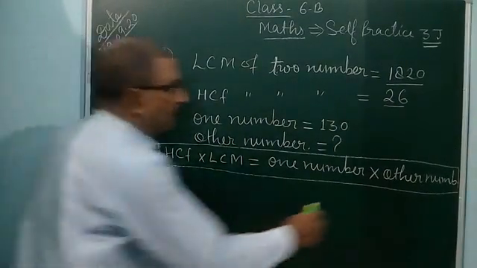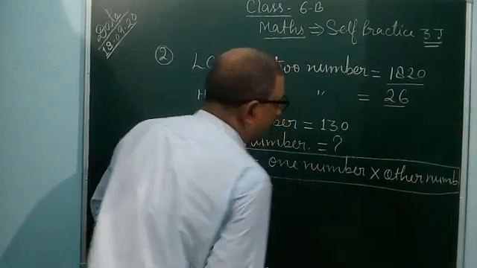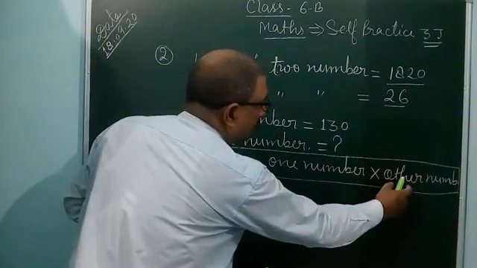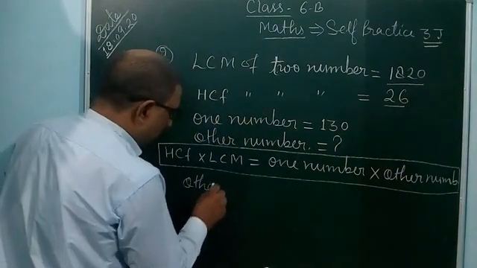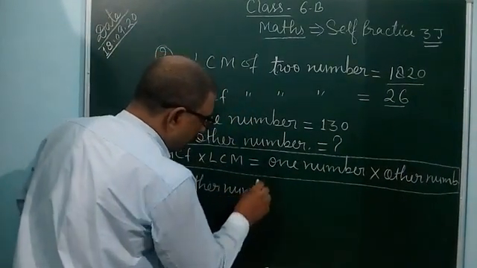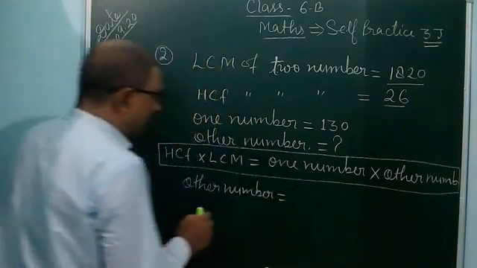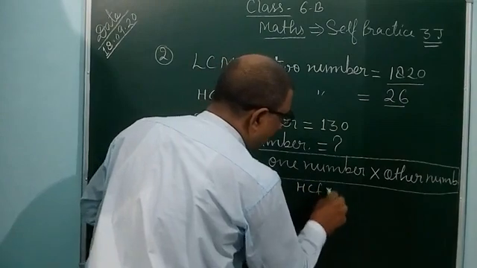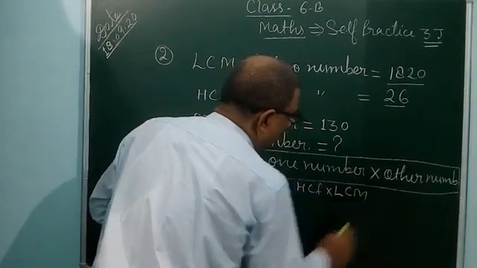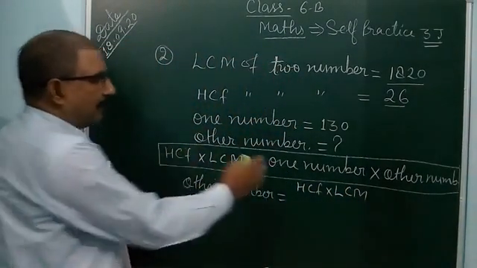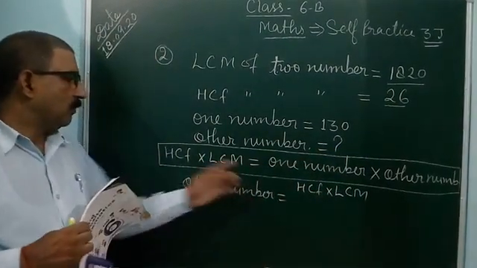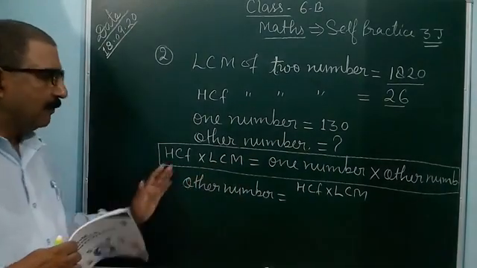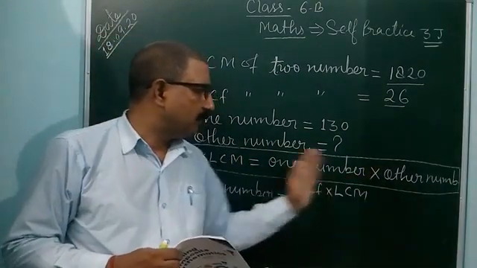So if you are finding the other number, you can write other number is equal to HCF multiplied by LCM divided by one number. HCF multiplied by LCM is the left side and one number multiplied by other number is the right side.